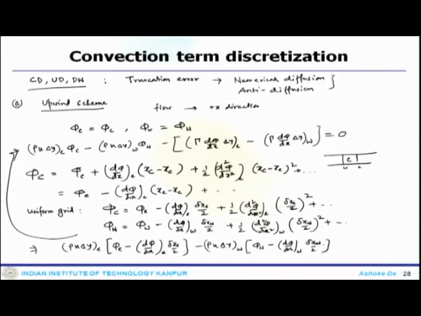So, the first two terms, the convective flux terms, can be expanded like that. Obviously, we can retain the diffusion component as it is. So, these components we can retain as J E D and J W D.